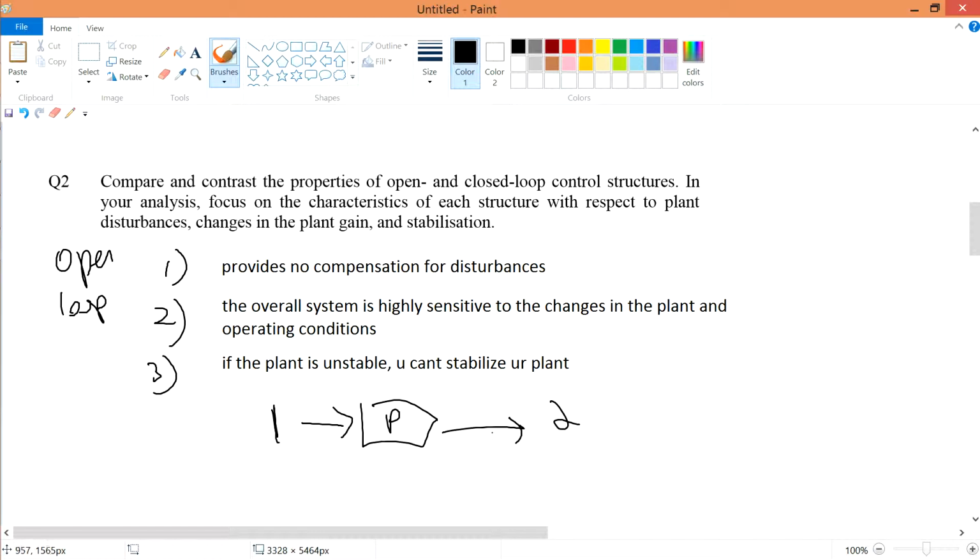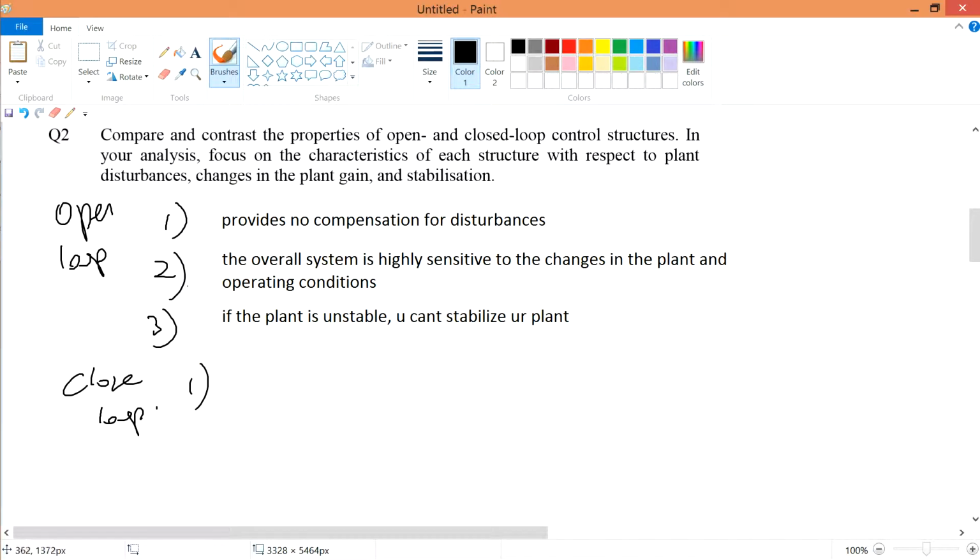Therefore, without a feedback system with a controller to control your plant such that the plant still can work, because it is an open loop system, when your plant spoils, you're going to have to change it and waste money, things like that. So you can't stabilize your plant, and therefore a feedback system is good because you have a controller to stabilize your plant, such that you can alter your signal so that it becomes 1. Alright, and therefore the last point is that if the plant is unstable, you can't stabilize your plant.